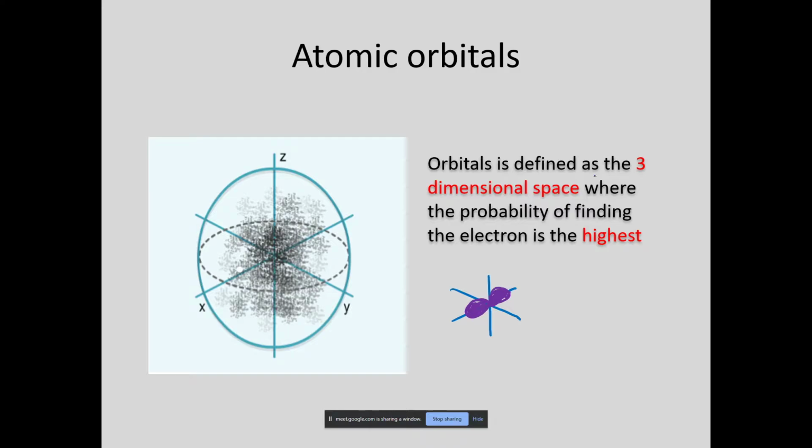Okay, kalau you guys nak bertaruh, you guys nak gamble that, where can I find Mr. Electron when I have only one chance untuk cari dia. So you akan cari sini lah, kan? Okay, so that is the definition of atomic orbitals.